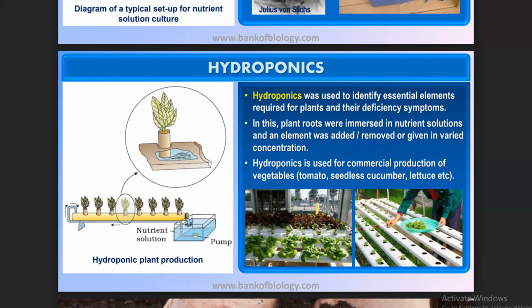Let us take nitrogen, phosphorus and potassium, NPK. Every nutrient element will support the plant in some way or the other. For example, one will help in enzyme activity, the other in the cell membrane, the other in transport and ion exchange. But we have taken just nitrogen, phosphorus and potassium.